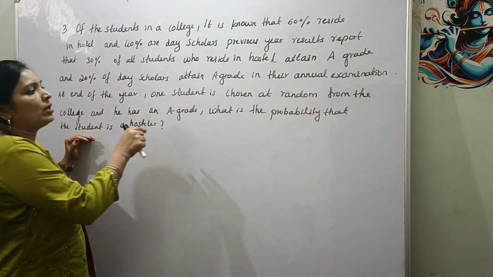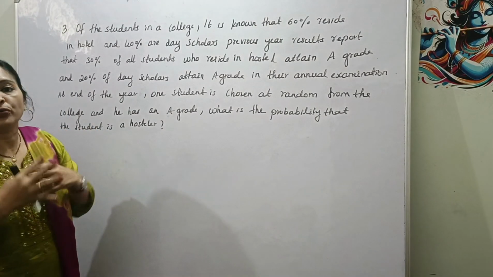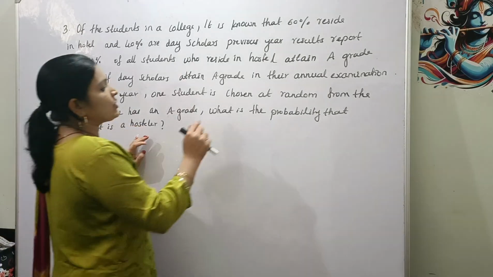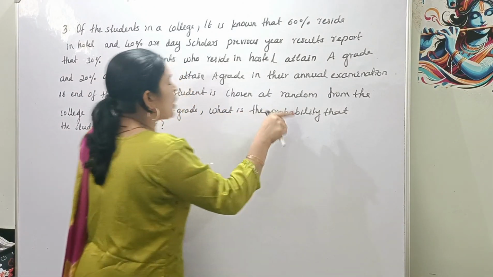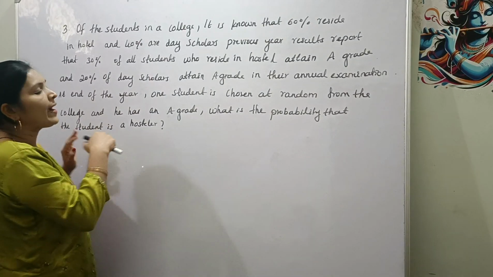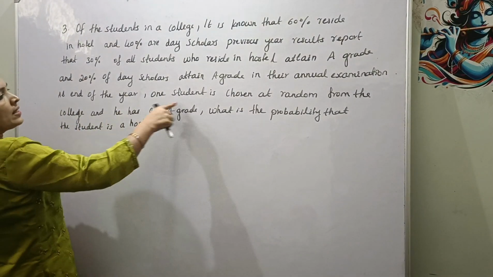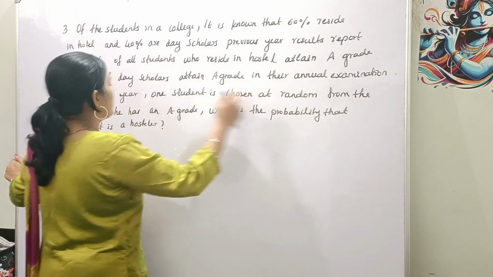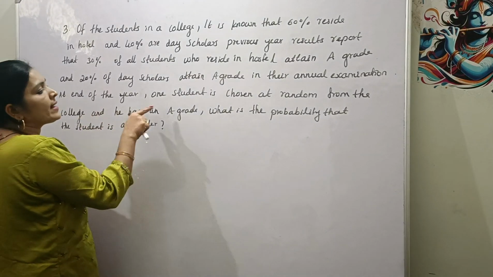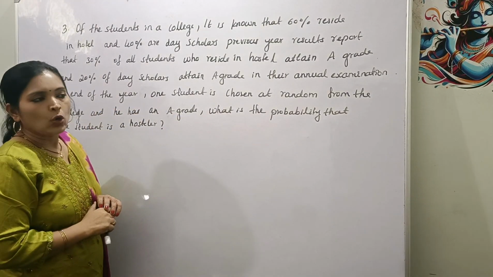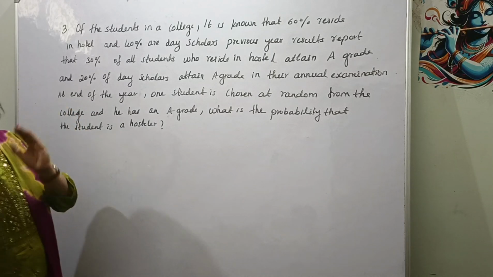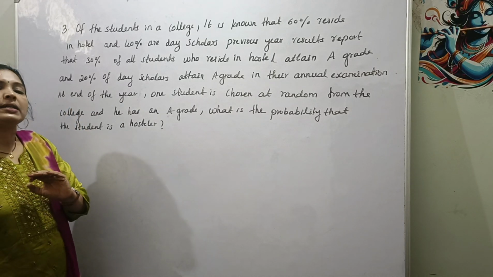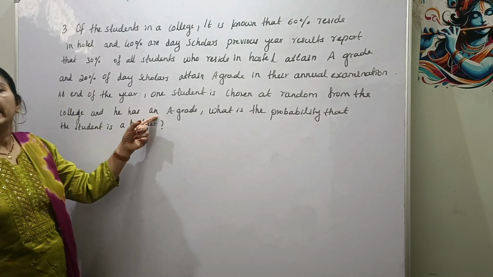First of all, look at the question and see what you have to find. What is the probability that the student is a hosteler, when the student is chosen at random from the college and has an A grade? So we have to find the probability of hosteler given that the student attains A grade.